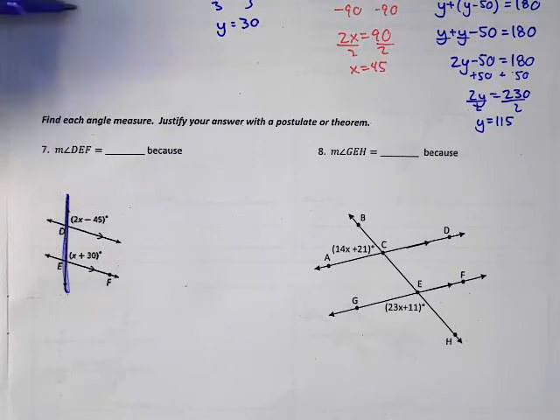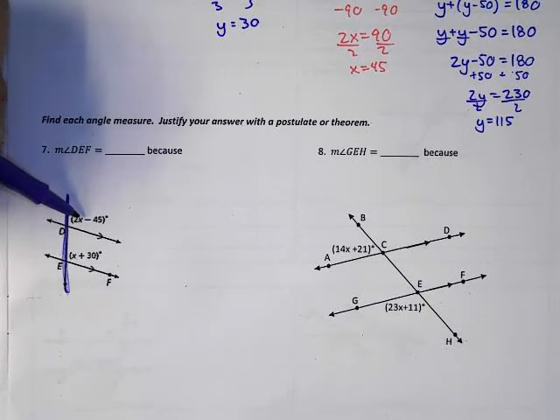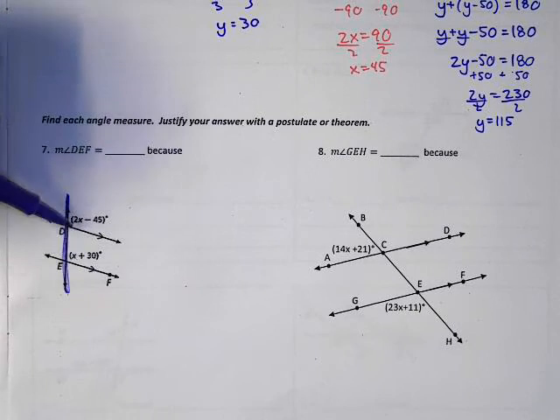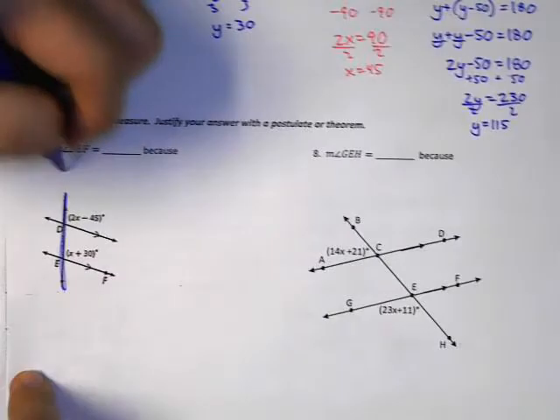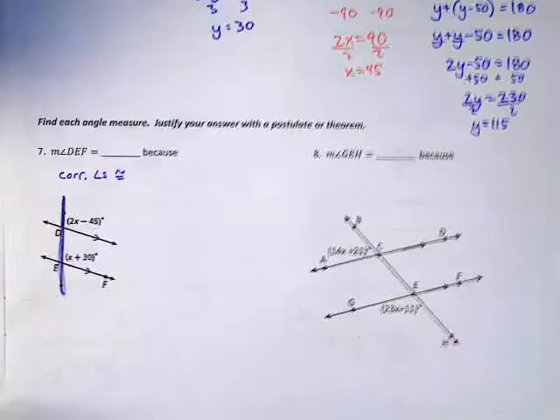Now, I would say that both of these, like one's inside, one's outside, they're on the same side of the transversal. These are corresponding angles, guys, right? They're both above the parallel lines, but we know that these are corresponding angles, and we know corresponding angles are congruent.